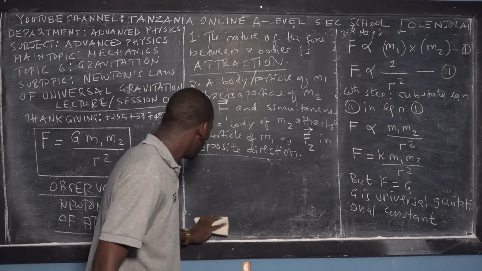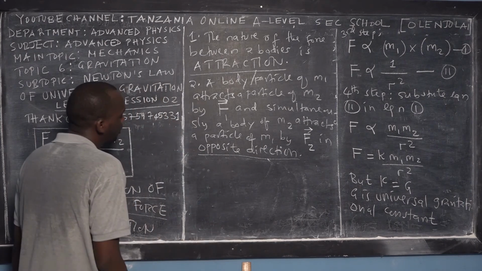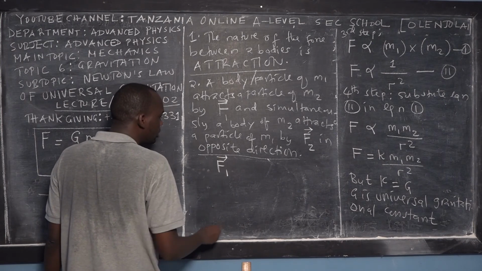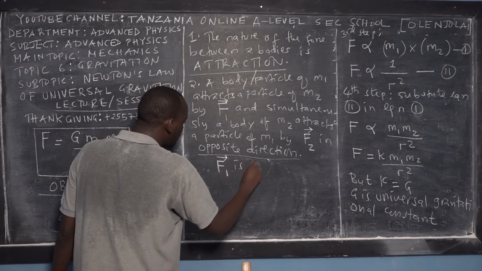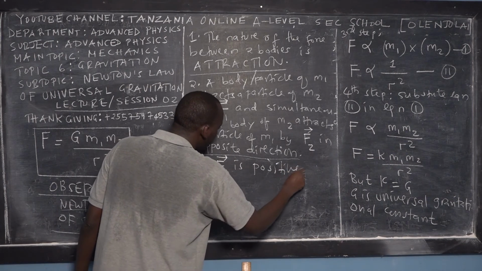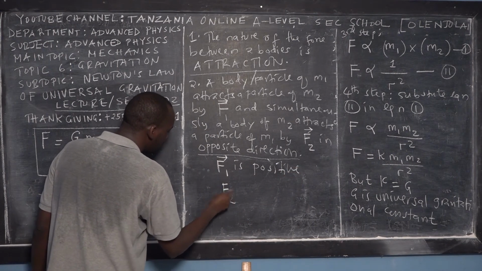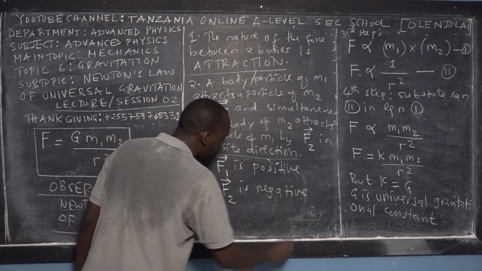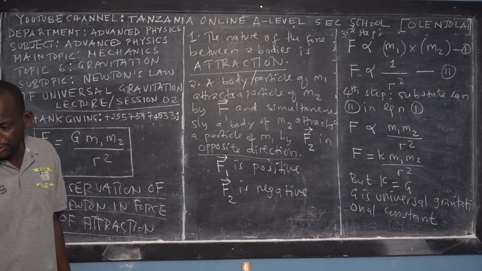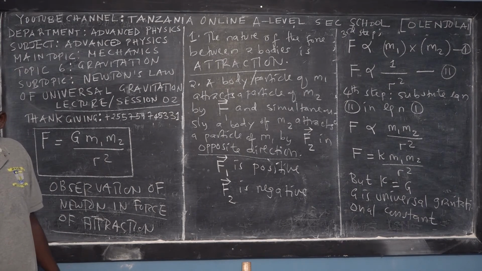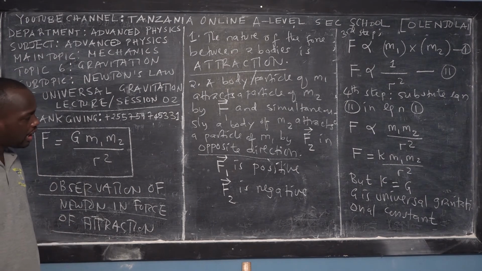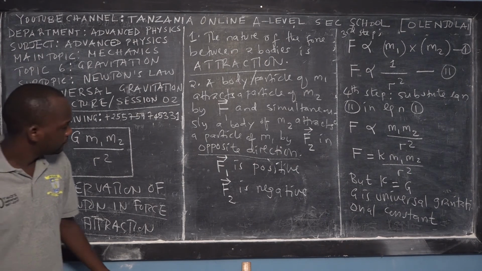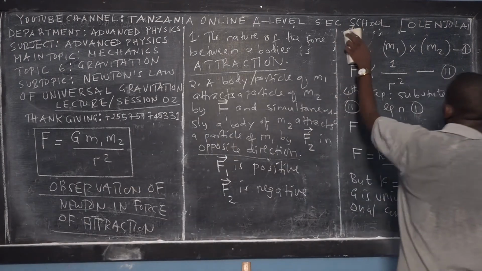Because the forces are in opposite directions, F1 is positive and F2, in the opposite direction, is negative. Sometimes we don't introduce negative signs in the mathematical equations, but you have to note that. So that's the second observation.